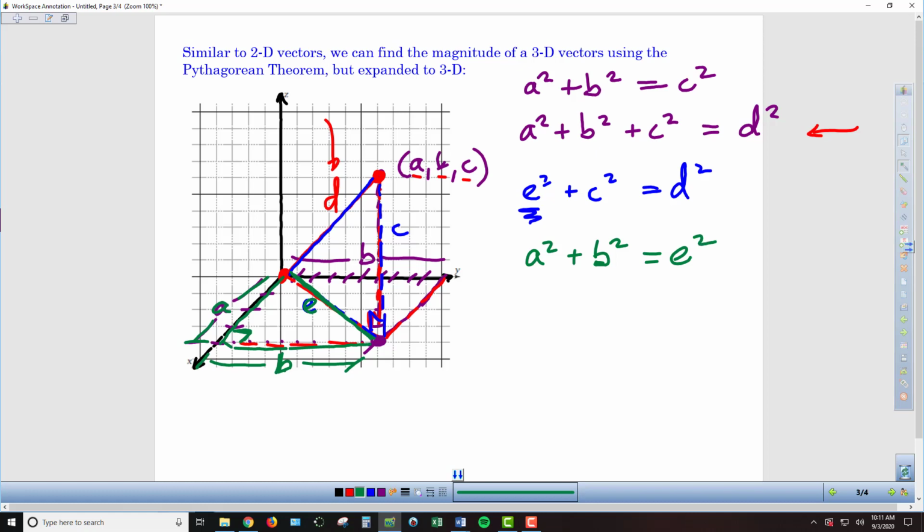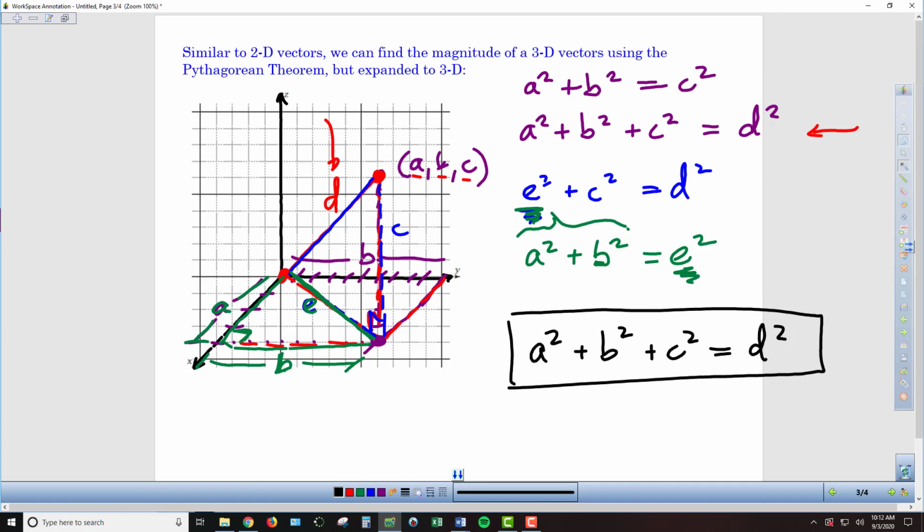And so now I can use a substitution step. Since this e squared and this e squared are the same, I can go ahead and replace e squared with a squared plus b squared. And when I make that substitution, I end up with exactly what I was hoping for: a squared plus b squared plus c squared equals d squared.